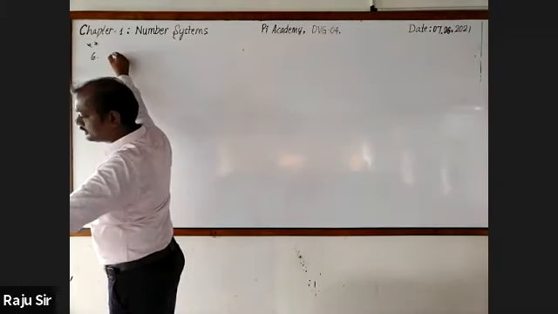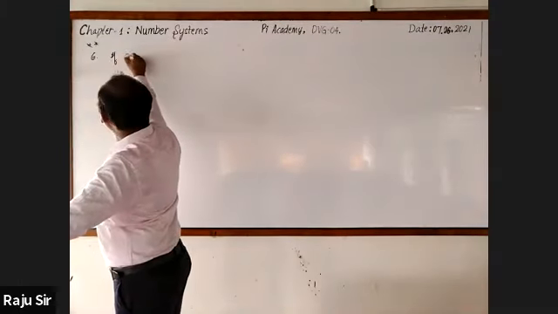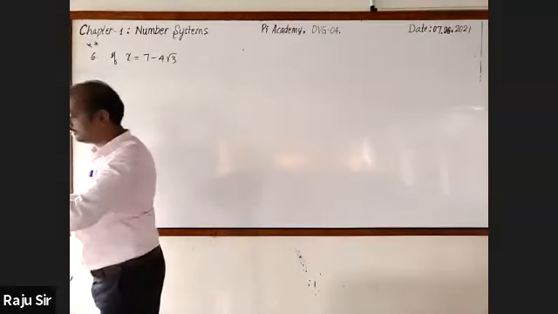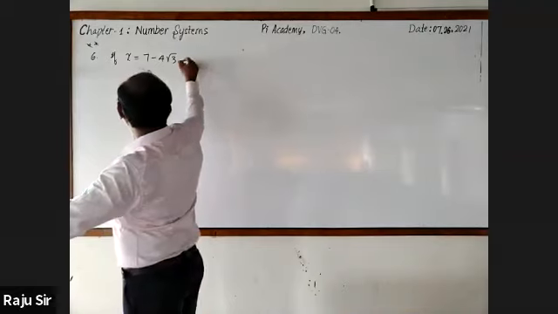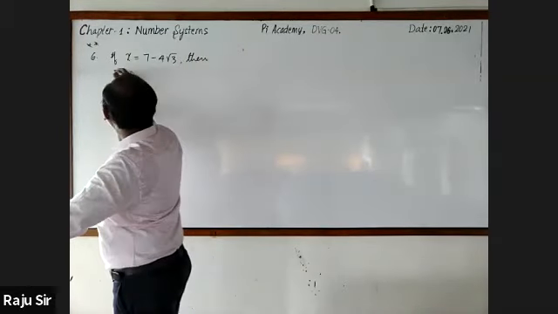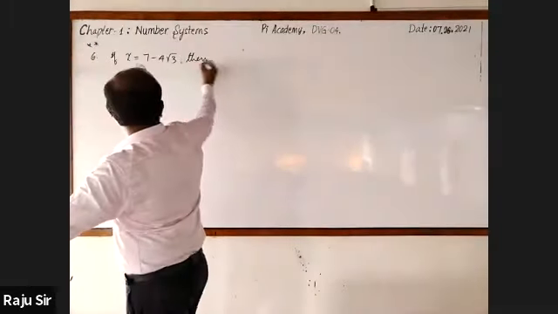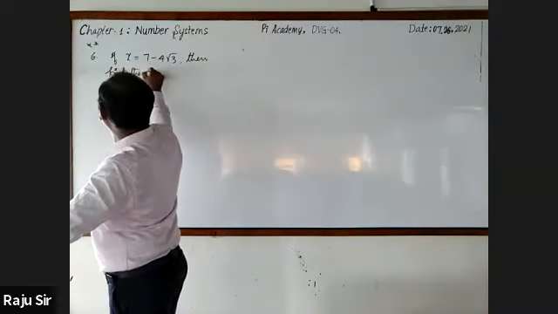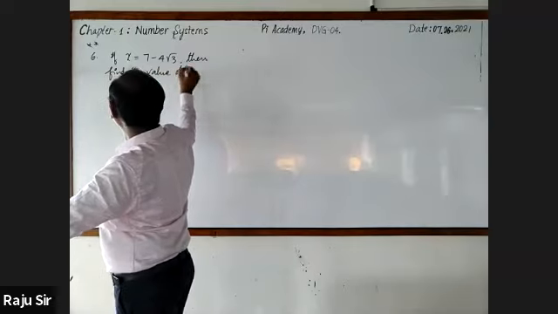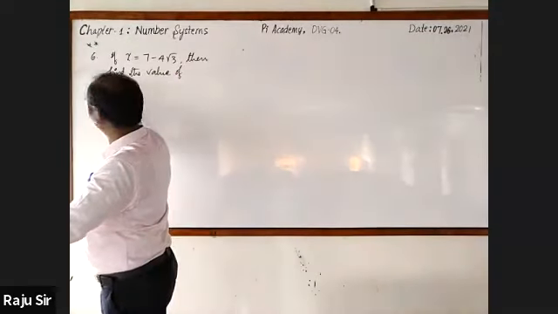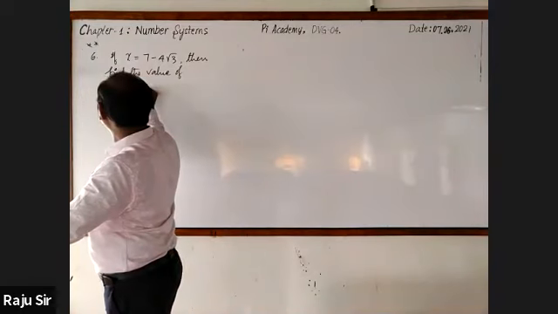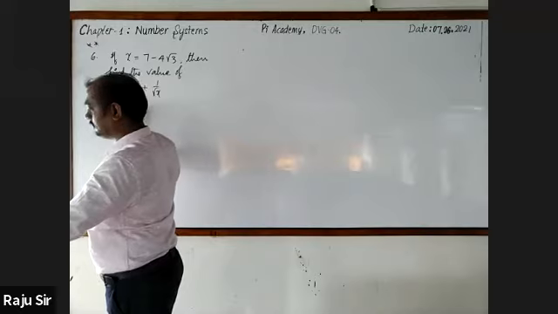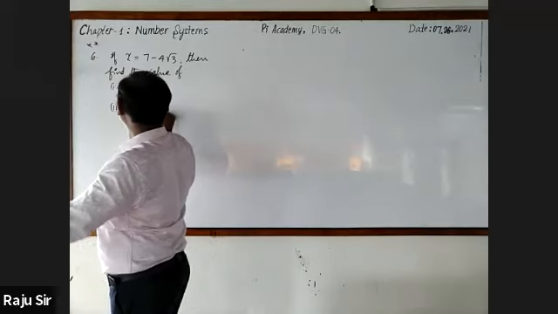If x equals 7 minus 4 into root 3, then find the value of: first, root x plus 1 by root x; second, root x minus 1 by root x.